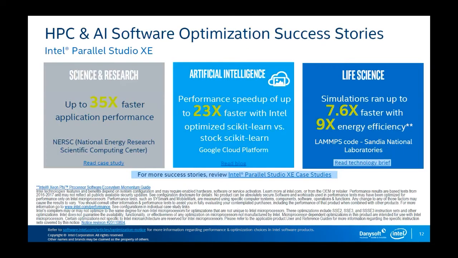Well, as I mentioned before, this slide also tries to summarize the whole gain and speedup obtained using the whole suite in different scenarios, from science, artificial intelligence, life science, and all the rates are very important. They are up to 35 times faster than the original application.